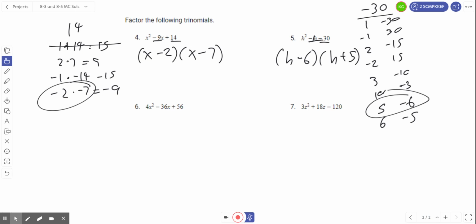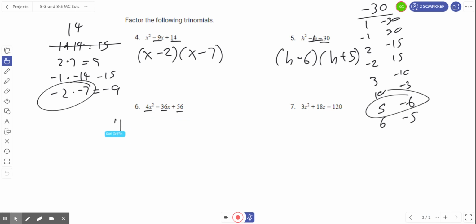All right, so number 6. Now we have a 4 in the beginning, and that makes our factoring a little bit trickier. We can do it, but it's easier if we can factor out the greatest common factor. So I can look at these and say all of these numbers are divisible by 4. So I'm going to factor out that 4.